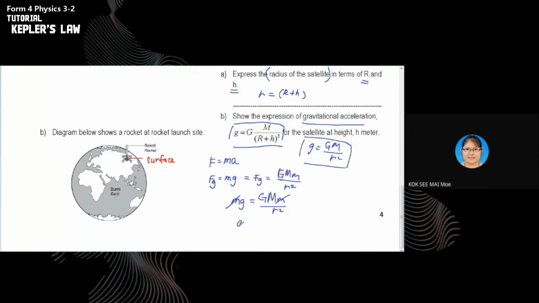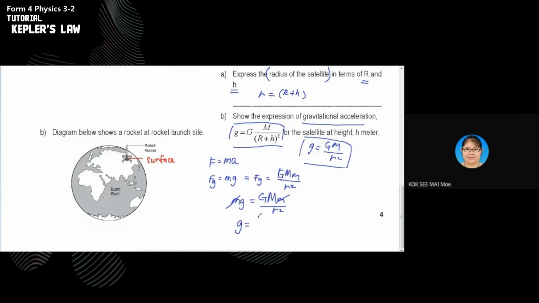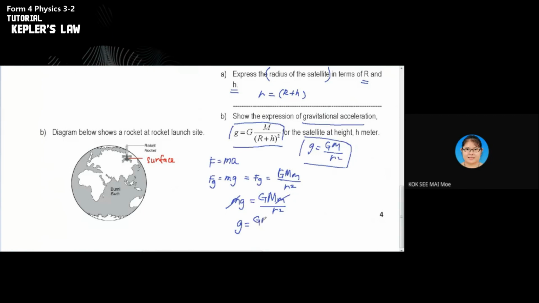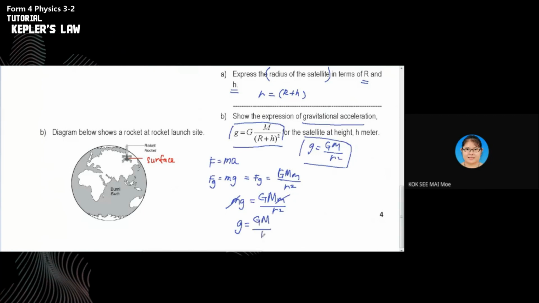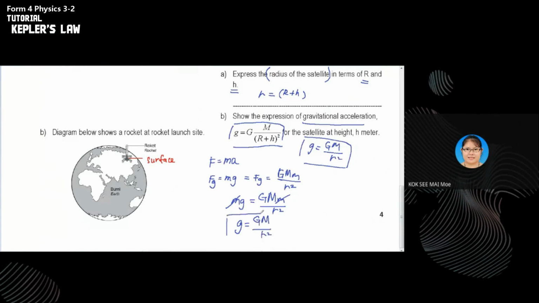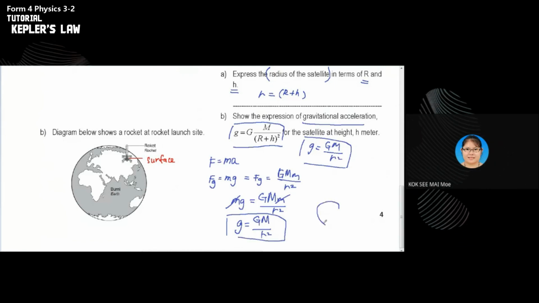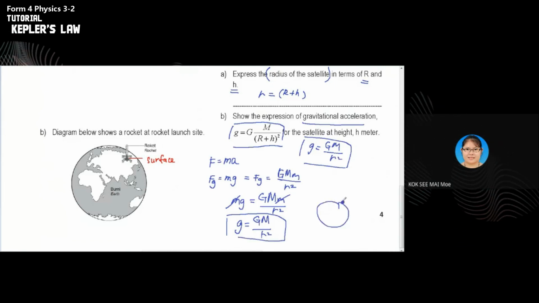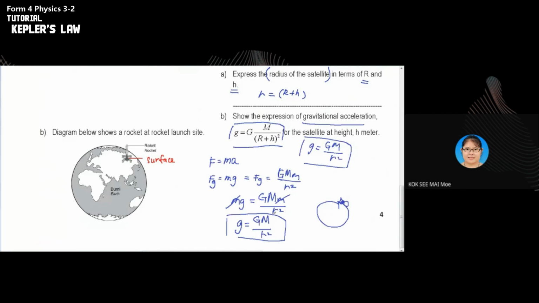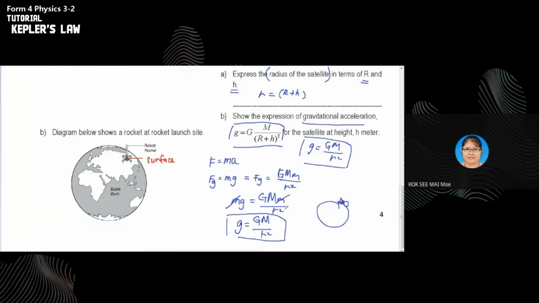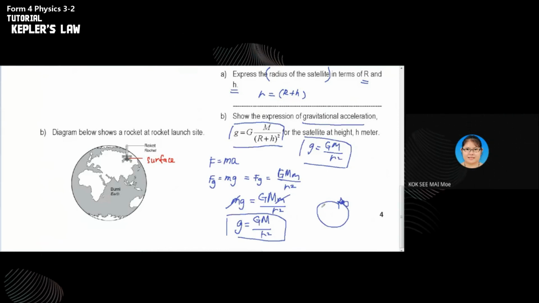So from here, we can create now g equal capital G, capital M, over r squared. This one is normal when the satellite is on the surface. So you want to get this formula, so you need to explain.